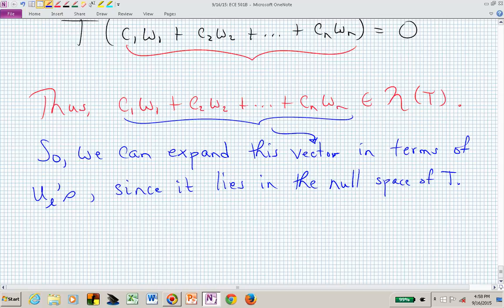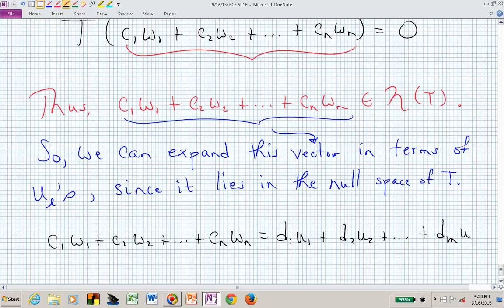Well, let's just write that down as a formula. We know that the vector C1 W1 plus C sub 2 W sub 2 plus C sub n W sub n, we know that we can make that be a linear combination of the basis vectors. So let's just say that's D1 U1 plus D sub 2 U sub 2 plus D sub m U sub m.